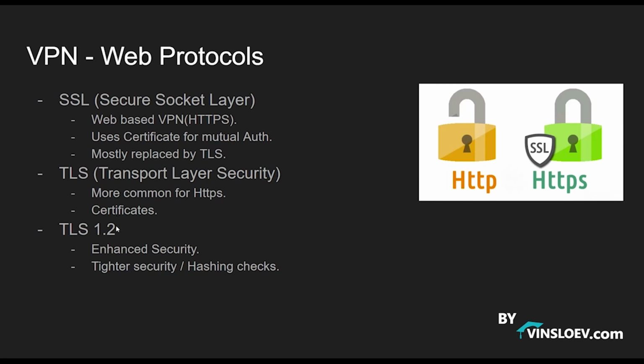So now we have moved more and more to TLS 1.2, which enhanced the security that we used in the older protocols, and we now have, for example, hash checks in place. And hash checking is something that we will also discuss in further lectures, like certificates. So this was a short introduction to the web protocols used in order to secure our information.